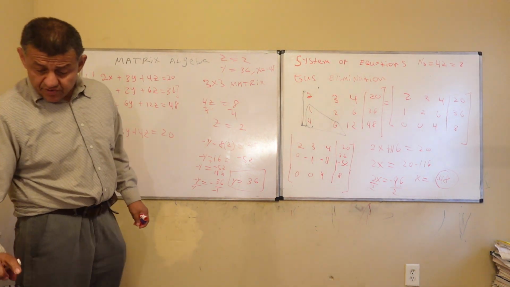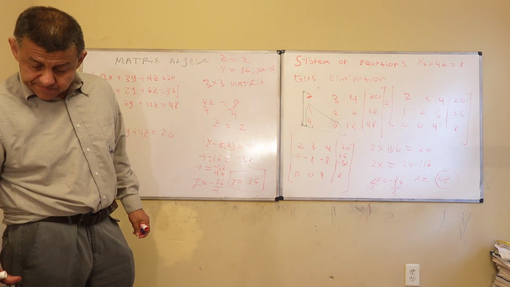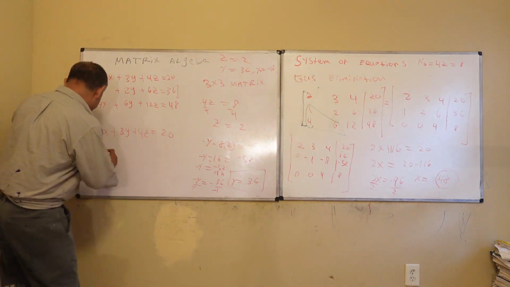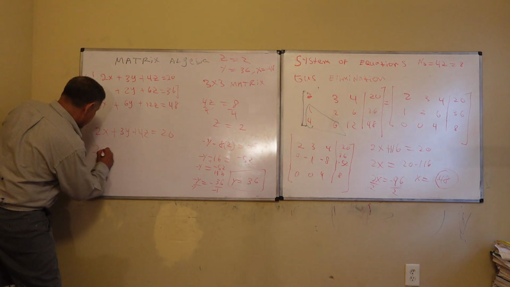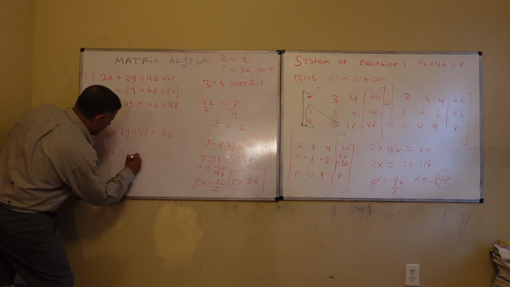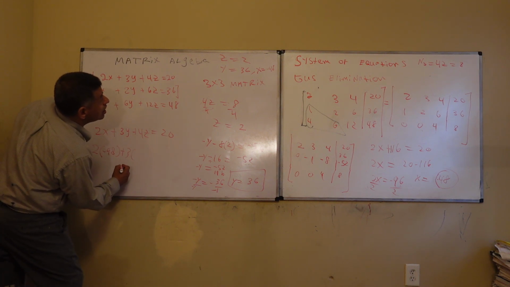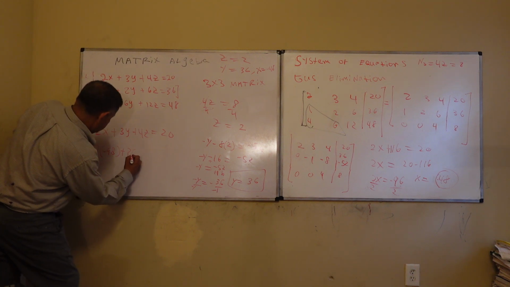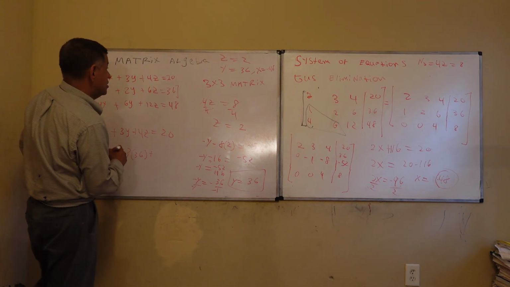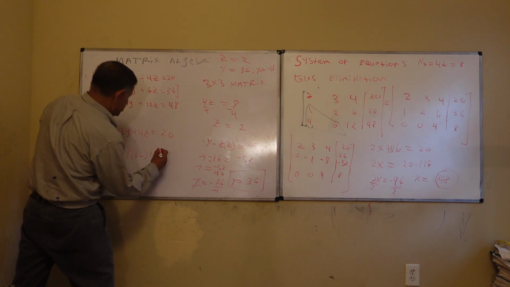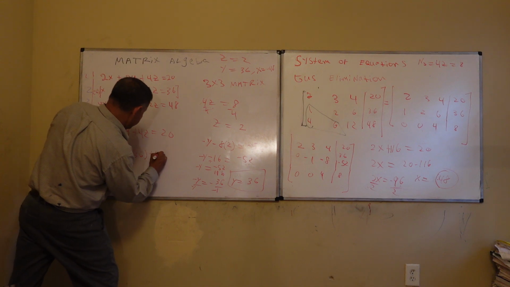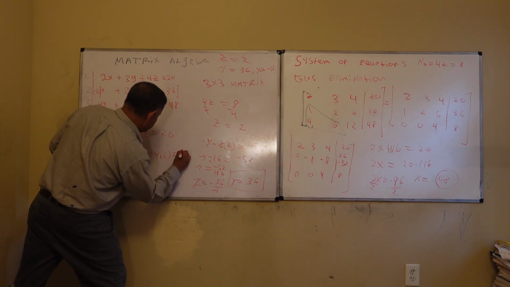Right here we have 2 times negative 48 plus 3 times 36 plus, using this equation, 4 times 2 is equal to 1.